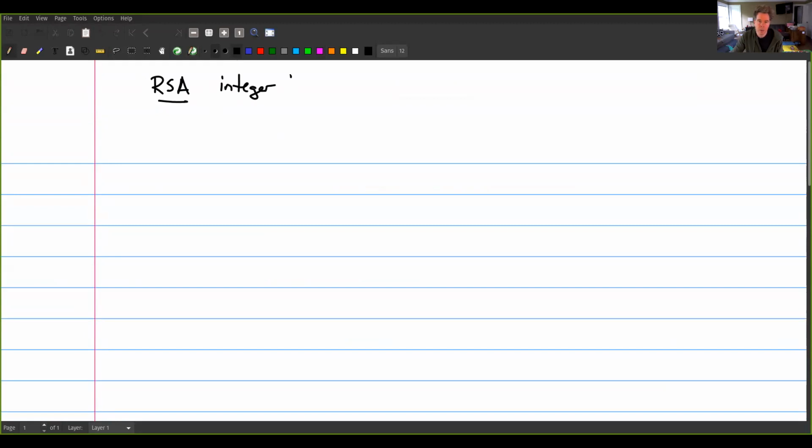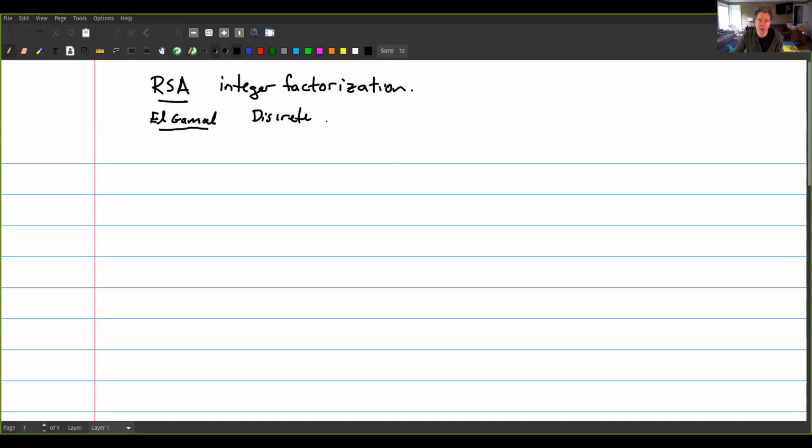There's no general group theoretic generalization of the integer factorization problem. But we also talked about some things that were based on the discrete logarithm problem, like El-Gamal. Both the El-Gamal cipher and the El-Gamal signature scheme are based on the discrete log problem.